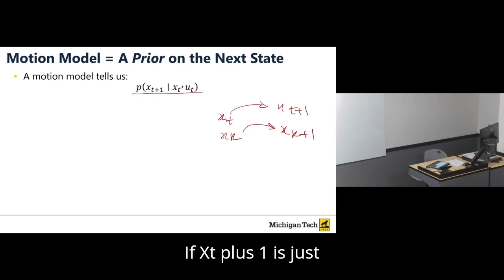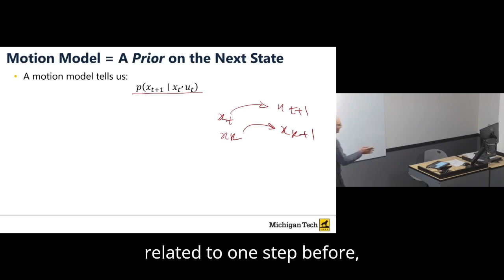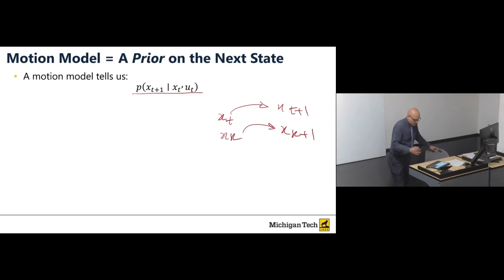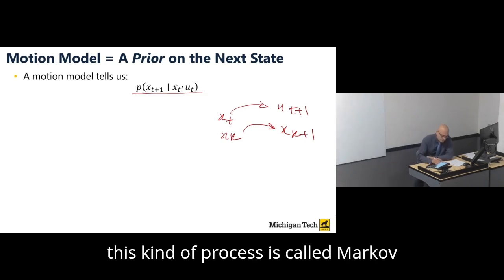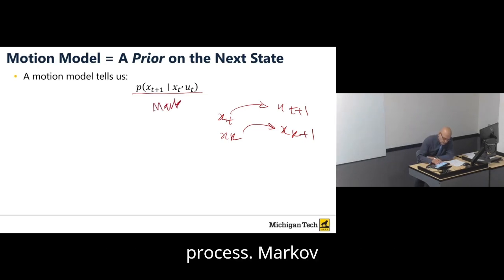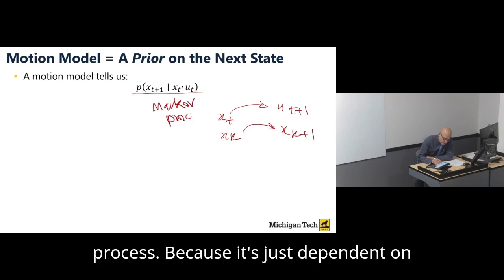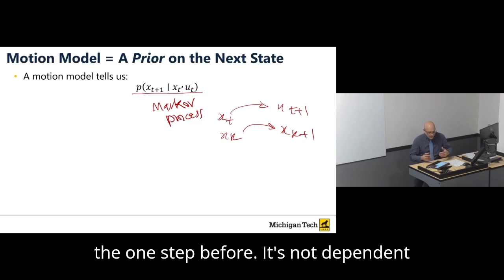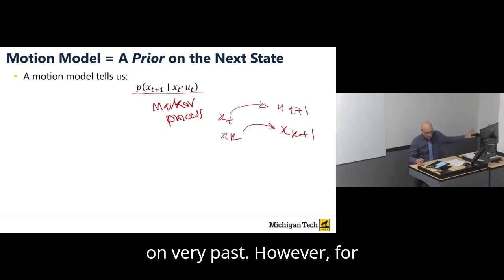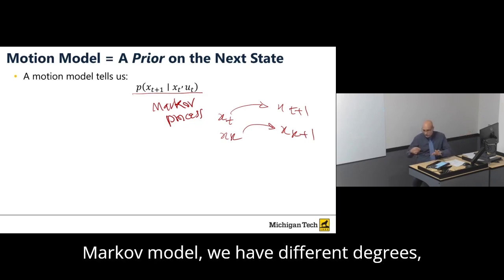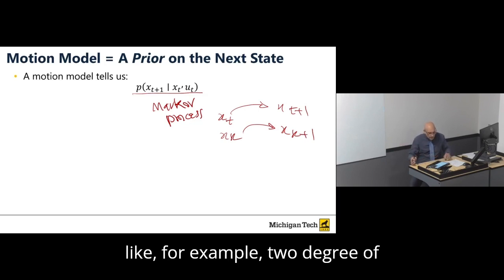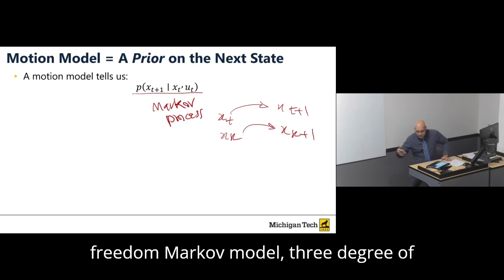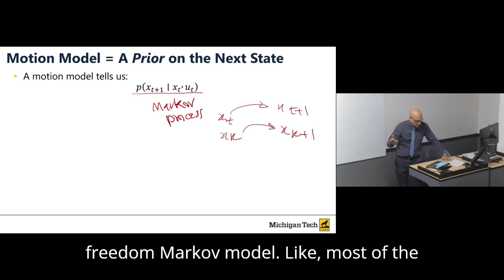If xt plus 1 is just related to one step before, this kind of process is called a Markov process, because it just depends on the one step before. It doesn't depend on the very past. However, for Markov models we have different degrees, for example 2 degrees or 3 degrees.